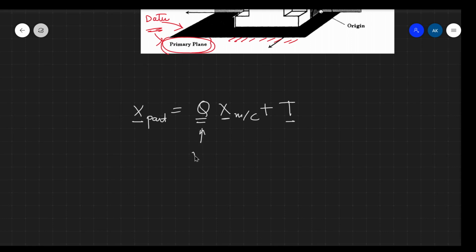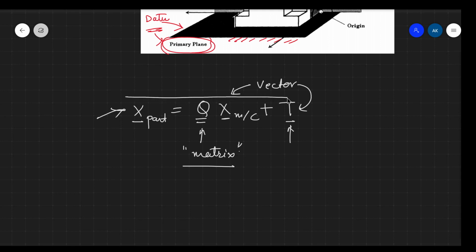This is a matrix and this is a vector. This is also actually a matrix, but you can write it in terms of a column vector, so it's not a problem. You can write this as a vector, and this is also a vector. A vector in the part coordinate system is equal to rotation of some machine vector plus translation.